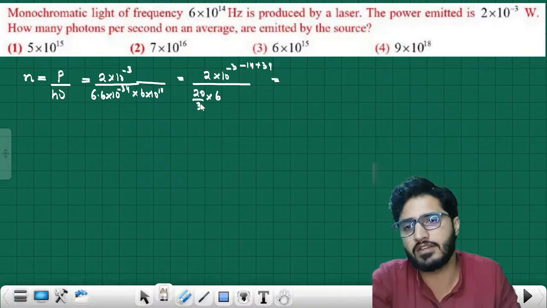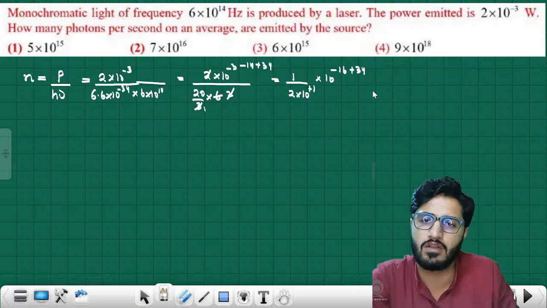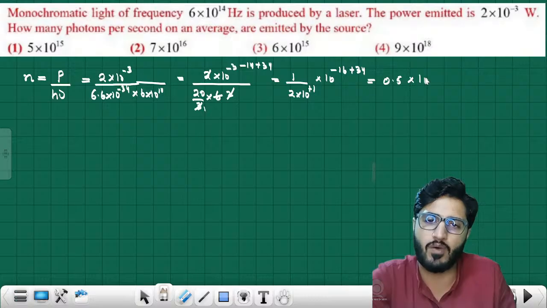So we have 1 divided by 2, then 10 to the power 13 minus 16 plus 34. I will write it as 0.5 multiplied by 10 to the power minus 16 plus 34 plus 1. So you can write it as 5 into 10 to the power 15.